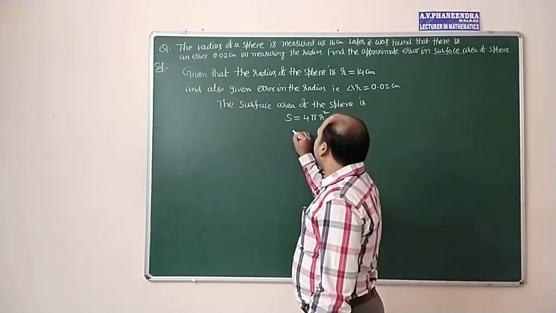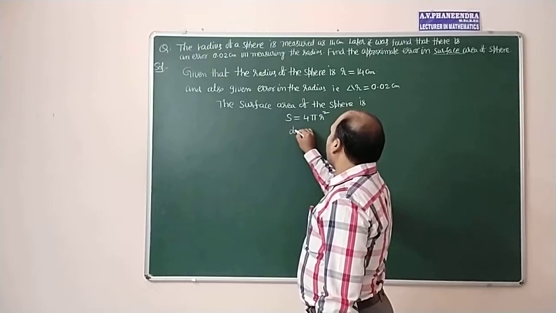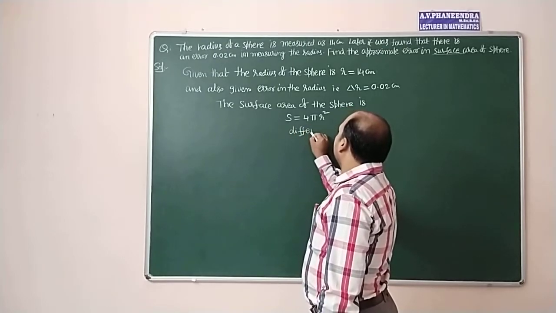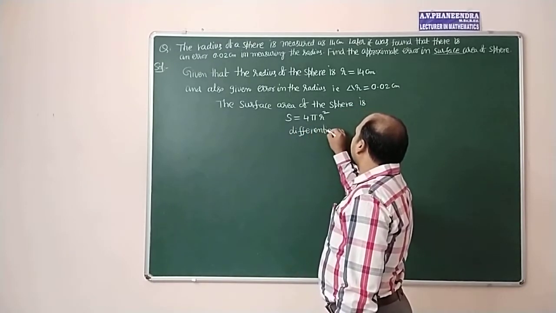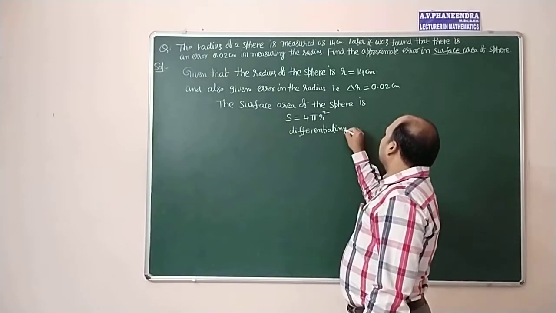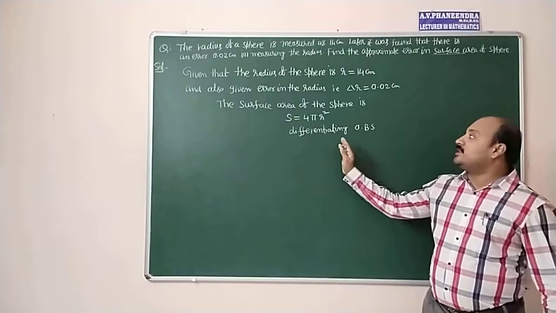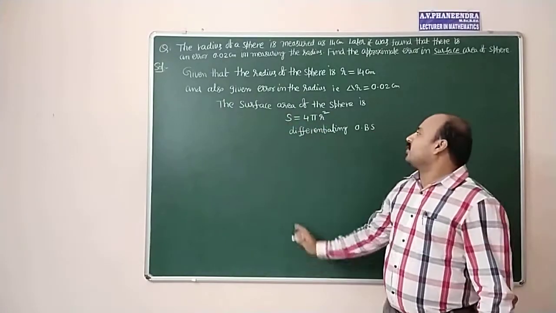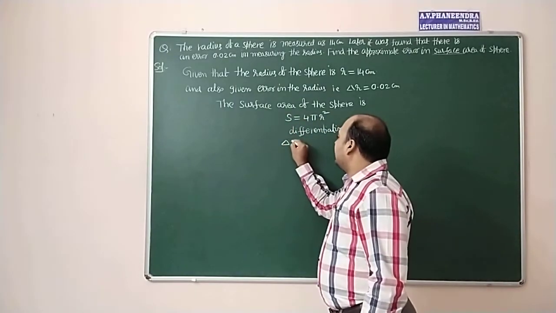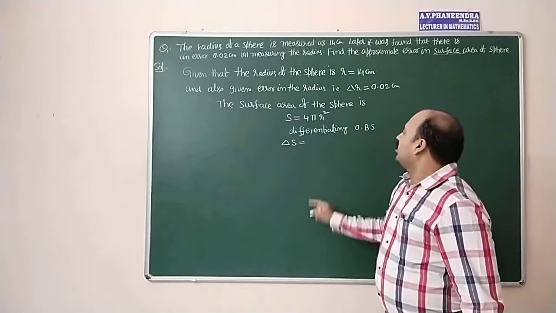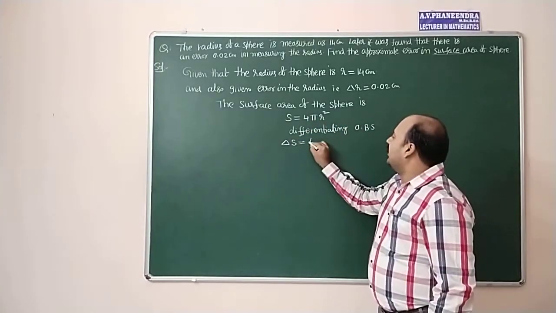Just differentiating on both sides. That means differential of respective values. The derivative of S is delta S. 4 pi is constant, we can leave it like this.